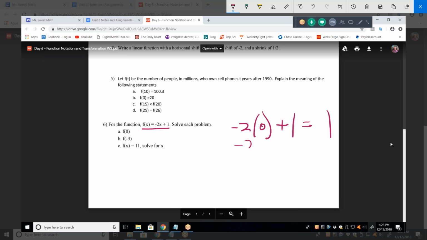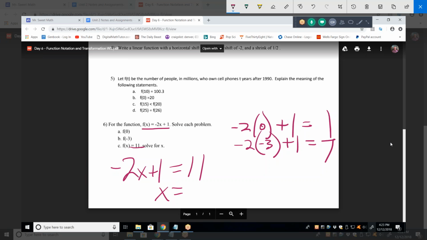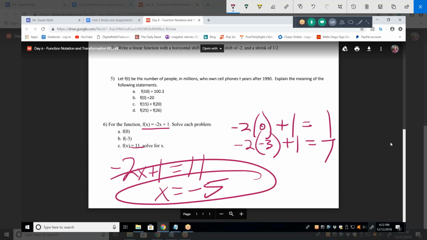So -2 times 3 plus 1. What's that equal? -5. Good. And now f of x, they've told us, equals 11. So solve that equation for x. Wouldn't it be -5? You got it.